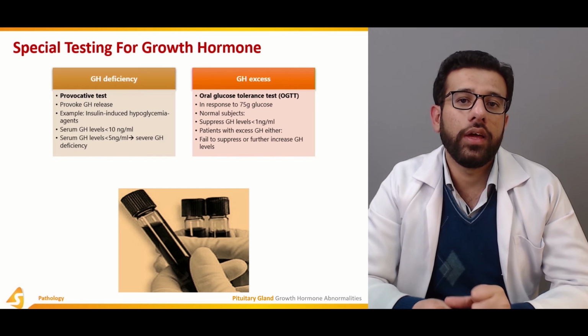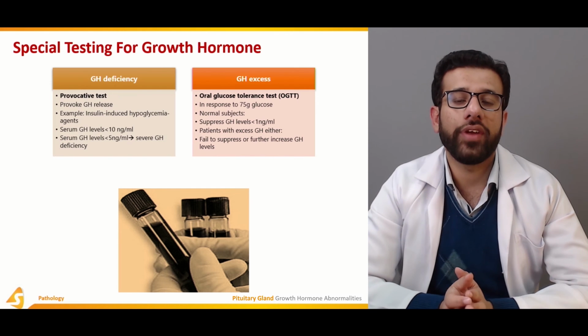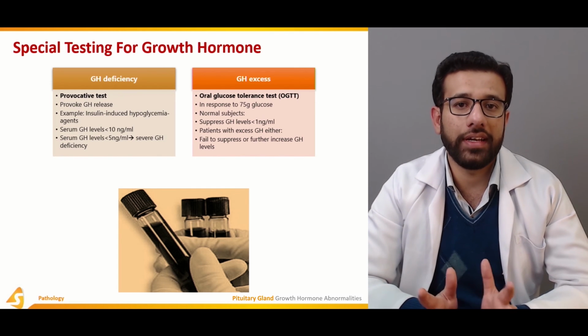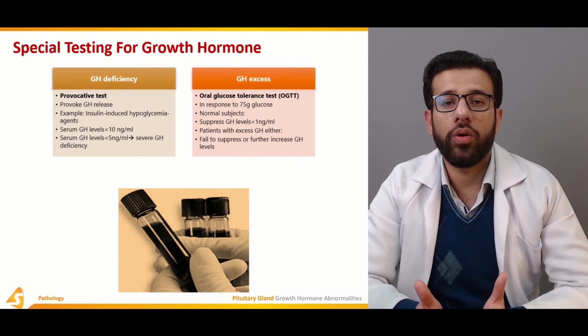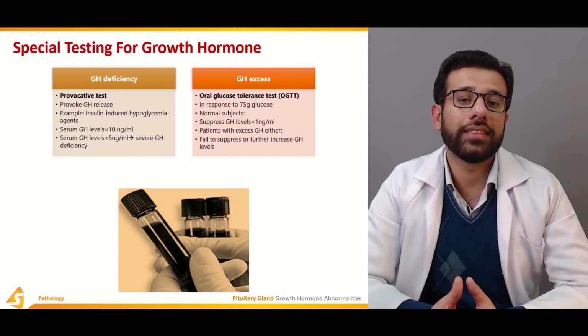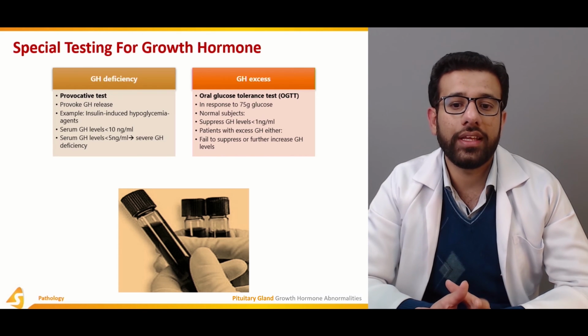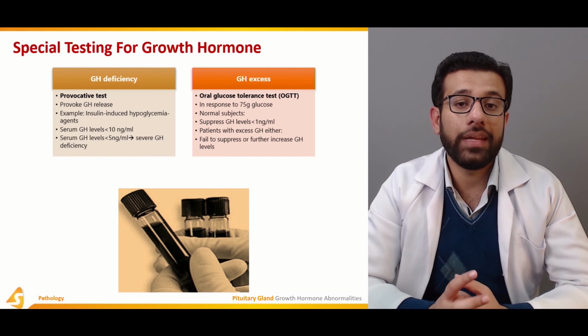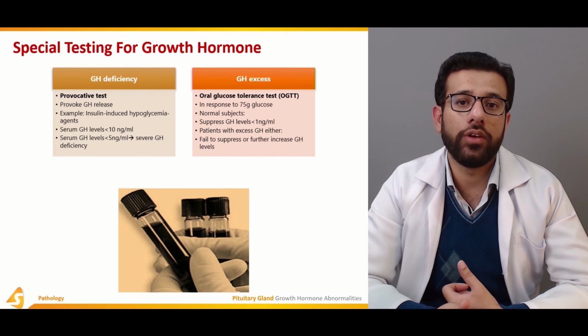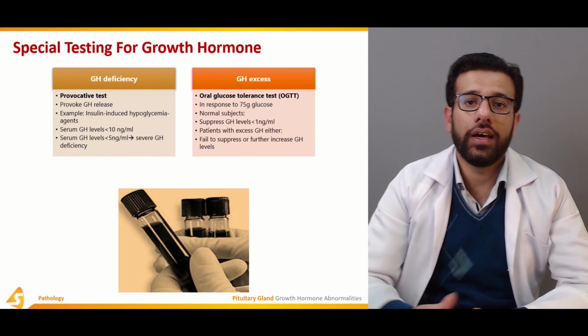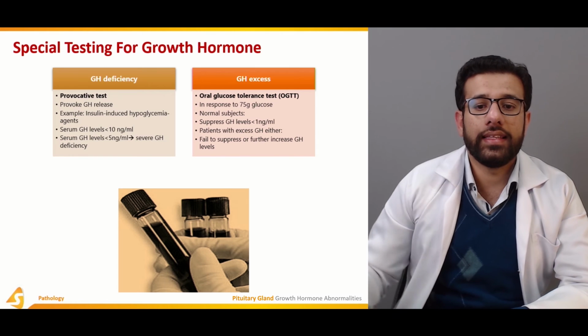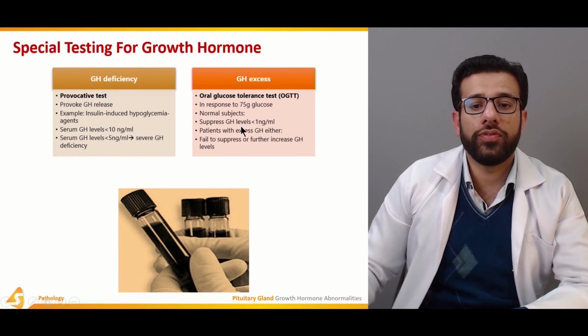Whenever there is growth hormone deficiency, there are certain provocative or stimulatory tests. While when growth hormone excess is there, then there is a certain inhibitory test which basically depresses the response of the growth hormone. For that there is the OGTT, and the suppression of the growth hormone is to less than 1 nanogram per ml.